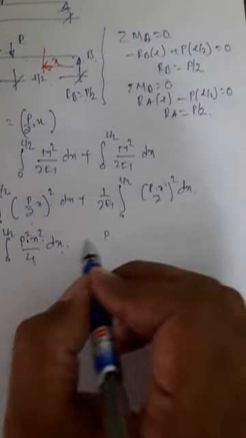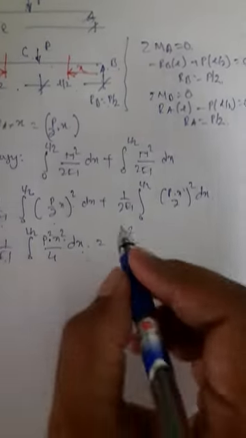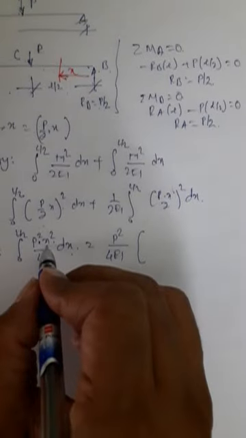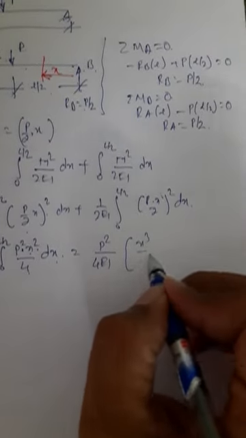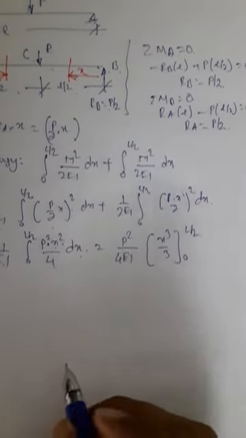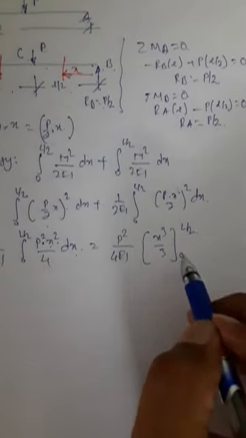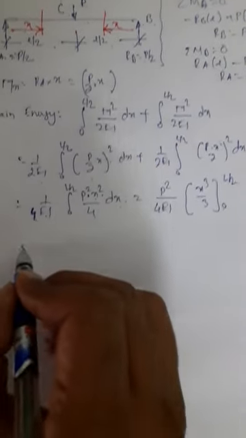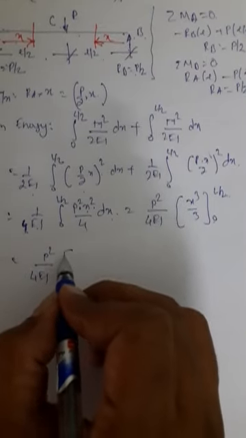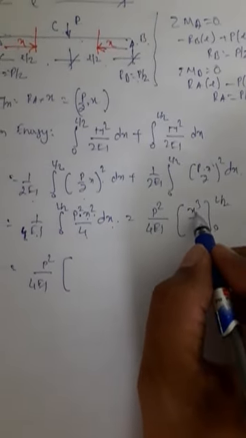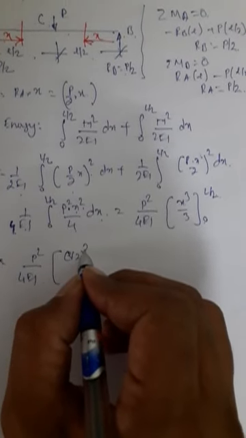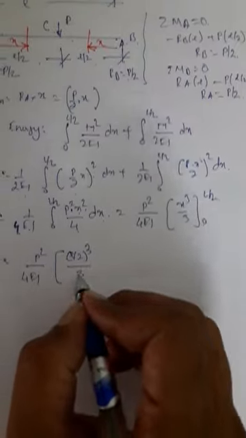So I get P square by 4 EI, take it outside the bracket. Integration of x square is x cube by 3, 0 to L by 2. Once substitute x is equal to L by 2, next time substitute x is equal to 0. So I get P square by 4 EI, x cube, x is equal to L by 2, L by 2 bracket cube divided by 3.